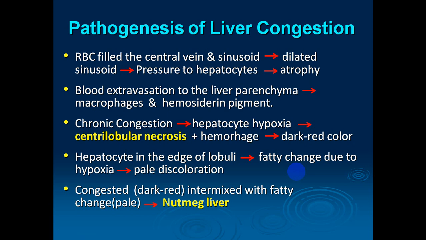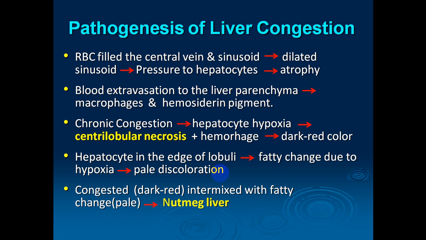They will be broken, and in such a process, they will retain fat inside the hepatocytes. Then there will be what we call fatty change, and it makes pale discoloration of the liver.